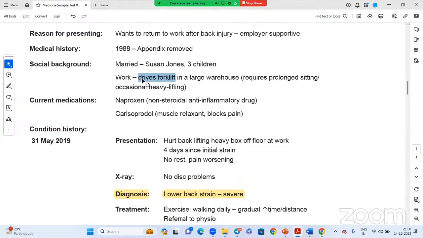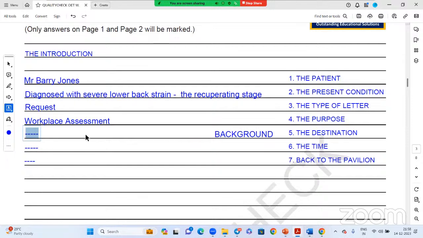You can use this one. His work: he drives a forklift. So he's doing some heavy duty there, a forklift driver.